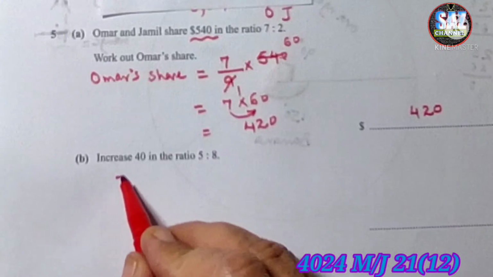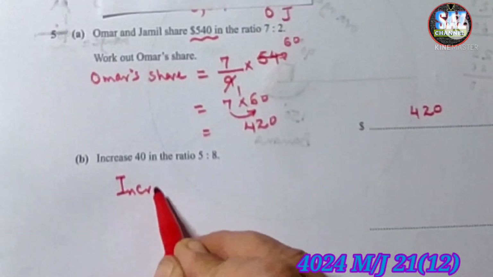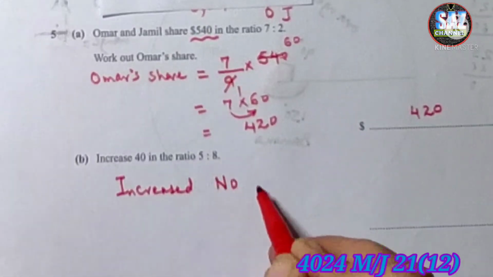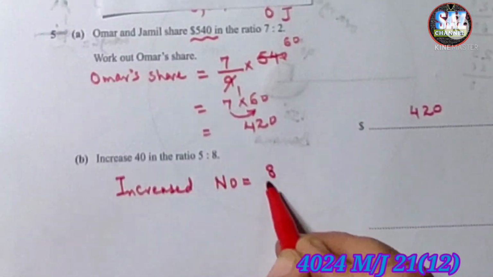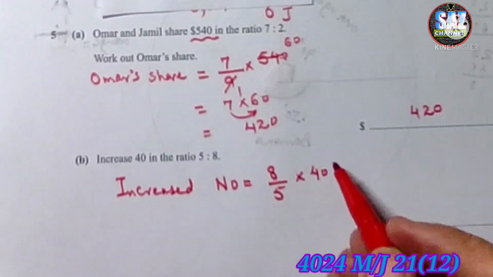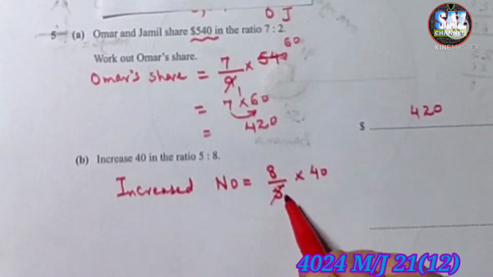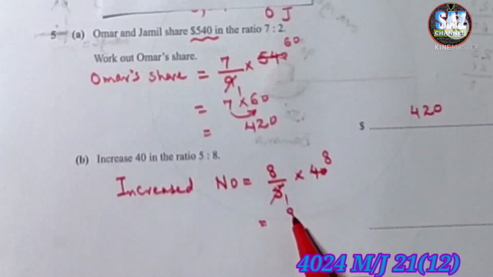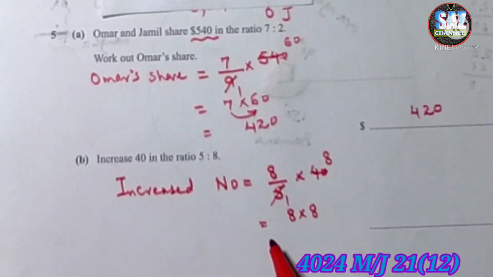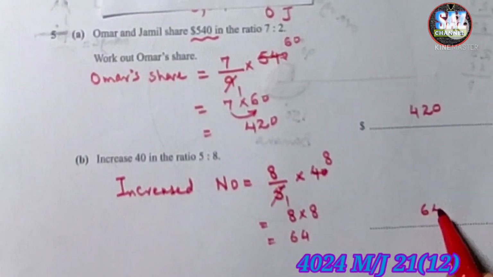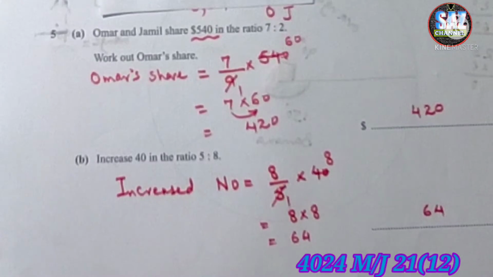So the increased number equals 8 by 5 multiplied by 40. Again, D1 chapter: 8 ones are 8, 5 eights are 40, and 8 times 8 is 64. Really easy and interesting question. Okay, moving to the next question.